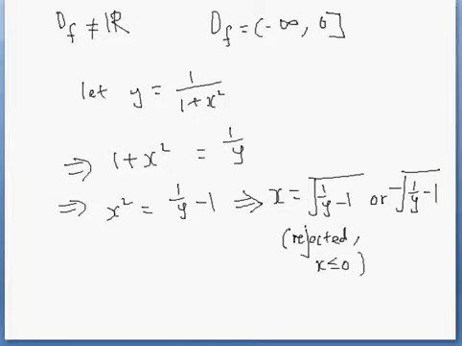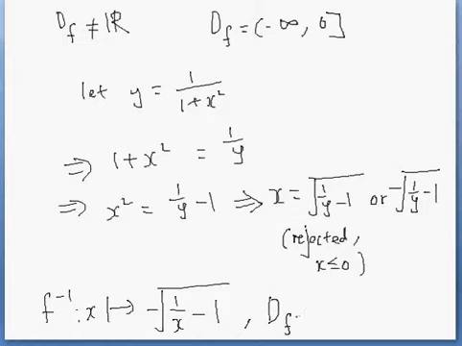Therefore my f inverse has this expression, negative square root of 1 over x minus 1. And recall the domain of f inverse is equal to the range of f under this domain. If you refer to the previous slide, the domain would be 0 to 1.